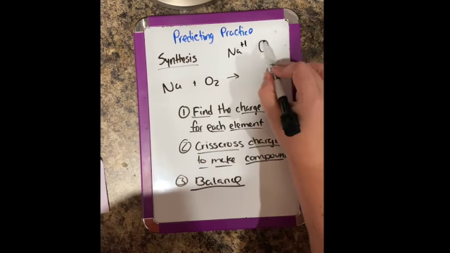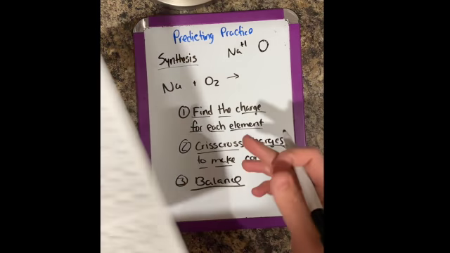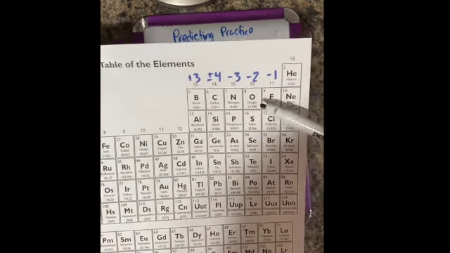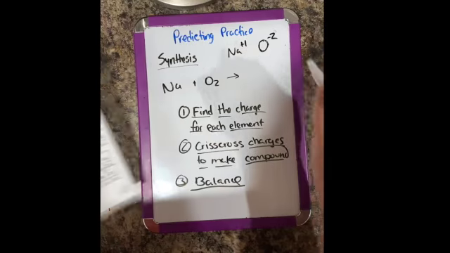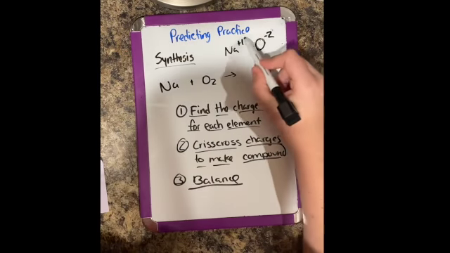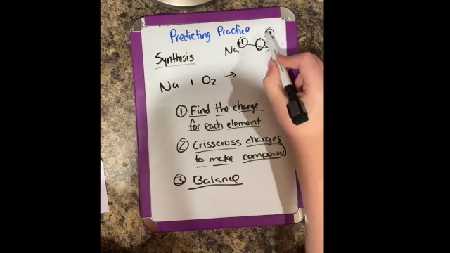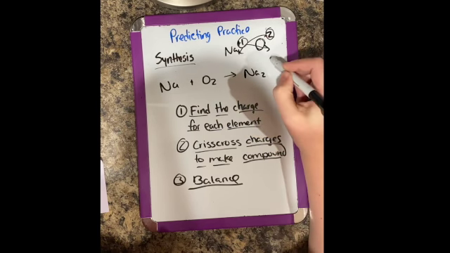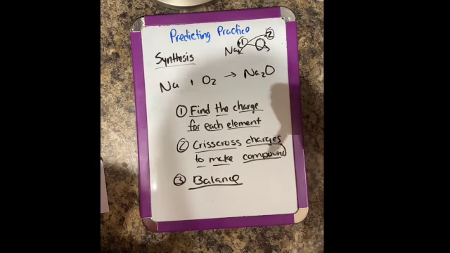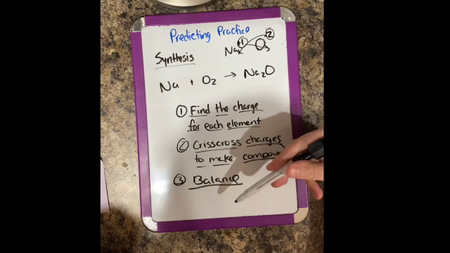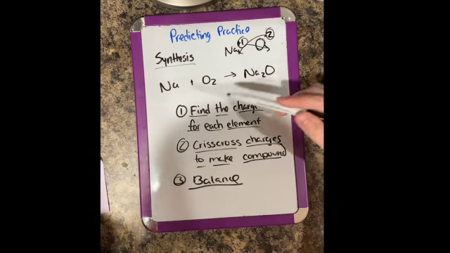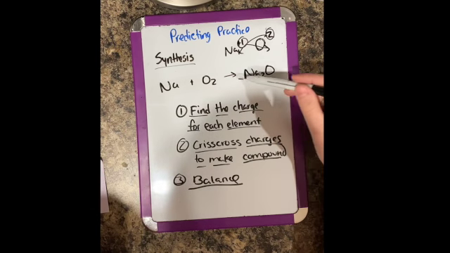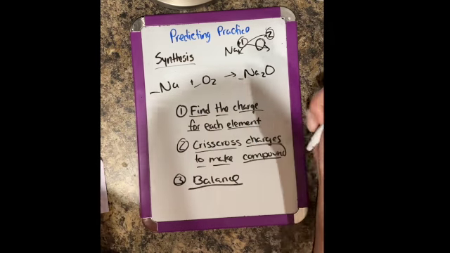You just write the element up here when we're dealing with charges. So here we have O, it has a -2 charge. And now we crisscross. That 1 goes with the oxygen, that 2 goes to sodium. So that would be Na2O. That's how we crisscross the charges to make a compound. Now that we have this, you would balance this reaction by putting the numbers in the coefficient.